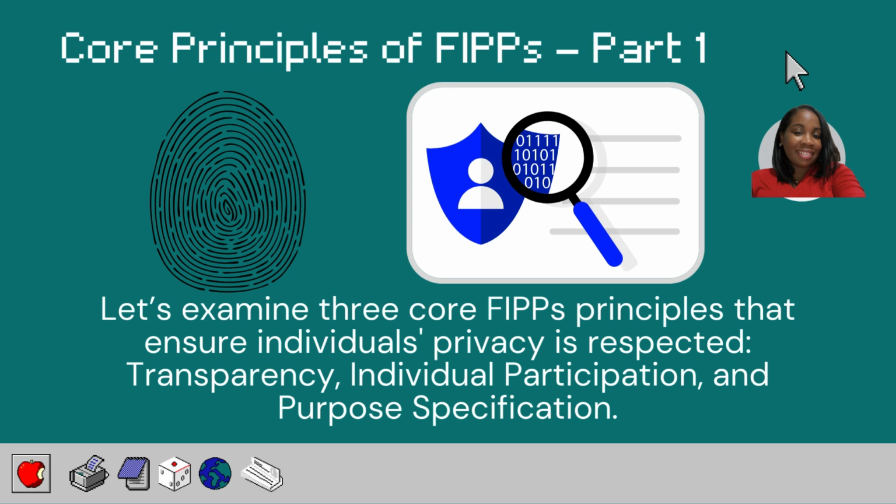Organizations must be clear and open about what personal information they collect and how they use it. Individual participation. Individuals have the right to see the personal information that organizations collect about them. And then purpose specification. Organizations must specify why they're collecting your data before they gather it. They cannot use it for other purposes unless they get your consent.